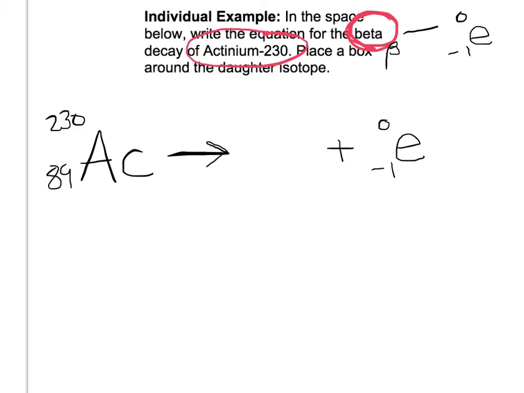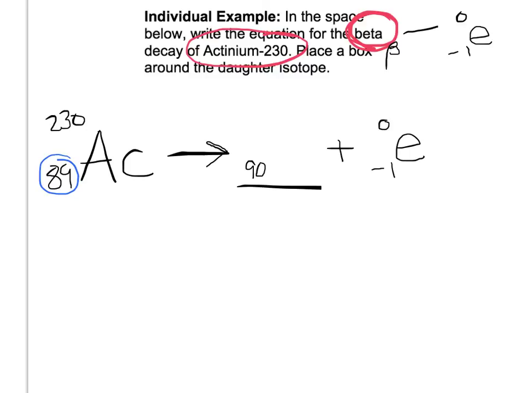Now I have to figure out what to write for my daughter. I know that my daughter isotope needs to have an atomic number that adds up to 89. So if I write 90 as my atomic number, 90 plus -1 gets me 89.